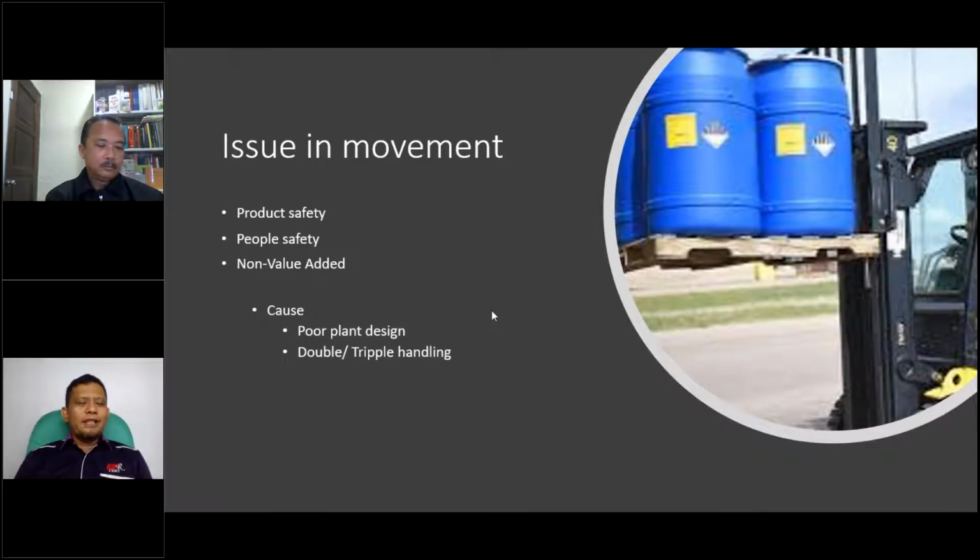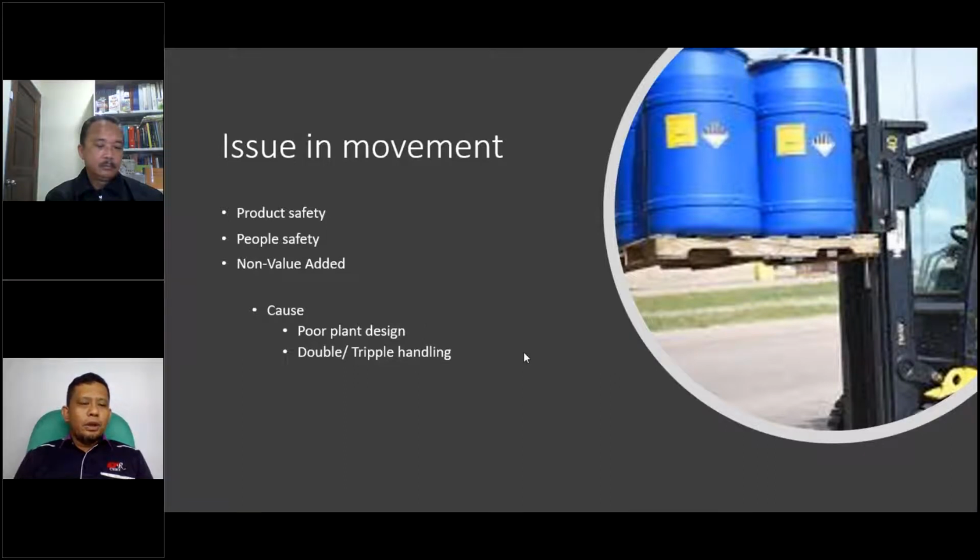There are so many accidents on transportation, on the movement. If we can reduce this, of course it will lead to a safer and more productive chemical plant or organization.